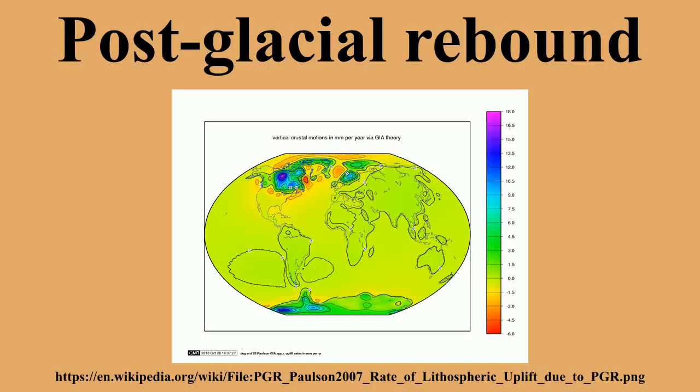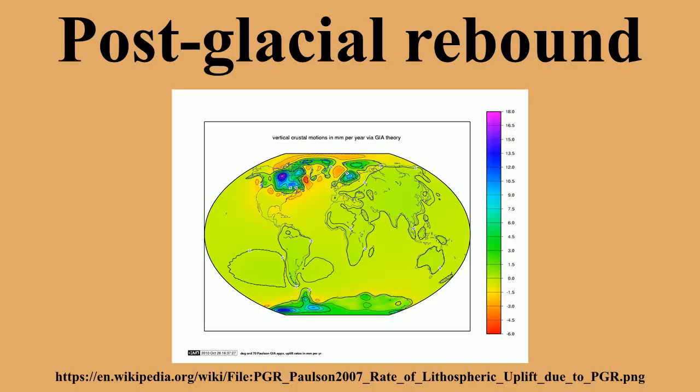This is due to the gravitational attraction between the mass of the melted water and the other masses, such as remaining ice sheets, glaciers, water masses and mantle rocks, and the changes in centrifugal potential due to Earth's variable rotation.